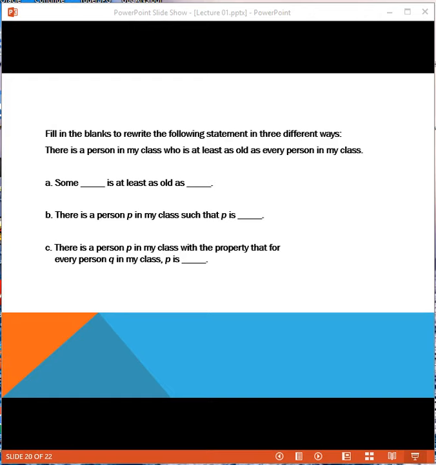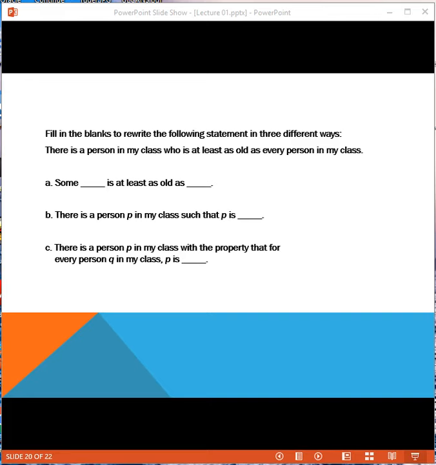So some person in my class is at least as old as every person in my class. Every, again, is the indicator of a universal condition.